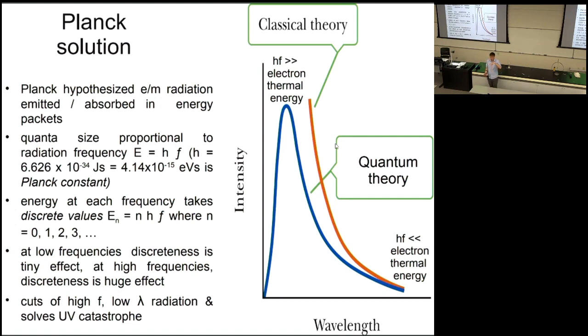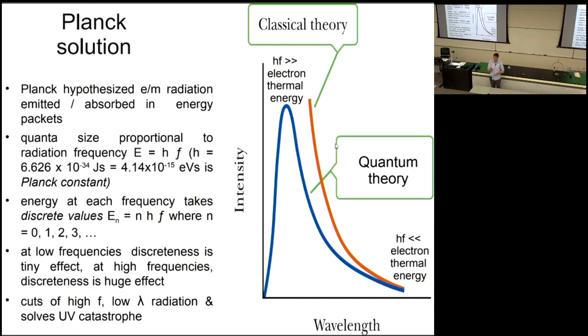At high frequencies, what happens? The packets become bigger and bigger and bigger. They get really big. And at high enough frequencies, the size of the packet is so big that a hot body, like the incandescent lamp, or like you, or like the sun, can't radiate even one packet, one quantum of that light.